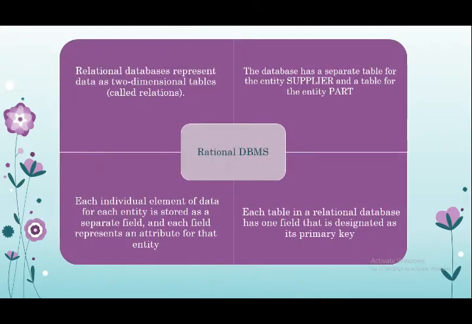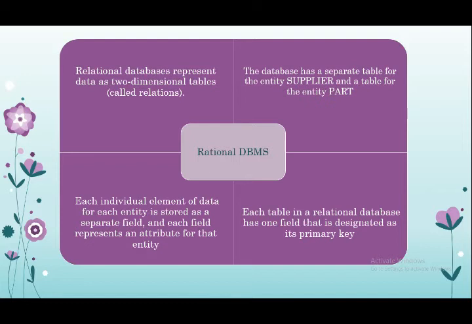For the relational DBMS, a relational database represents data as two-dimensional tables, called relations. The database has a separate table for the entity supplier and a table for the entity part.